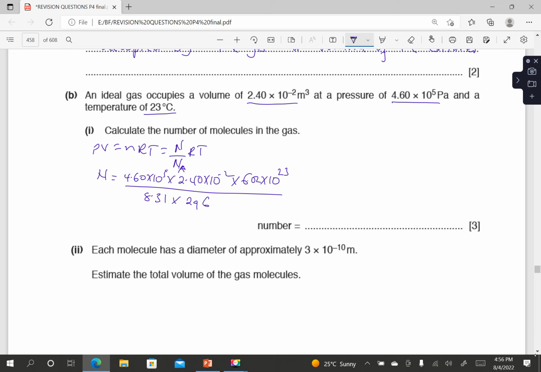I press my calculator for the number of molecules, and I'm getting 2.7 times 10 power 24 as the number of molecules.